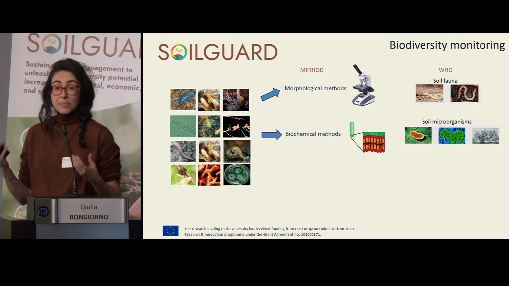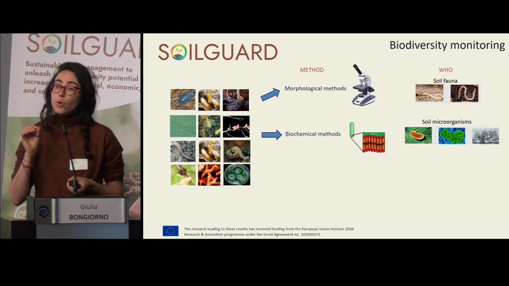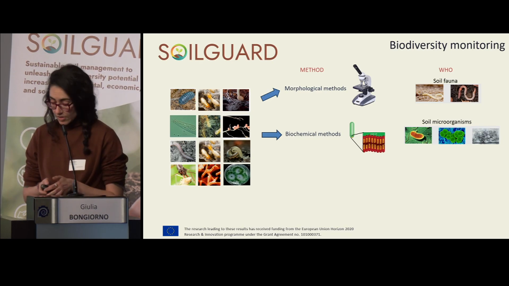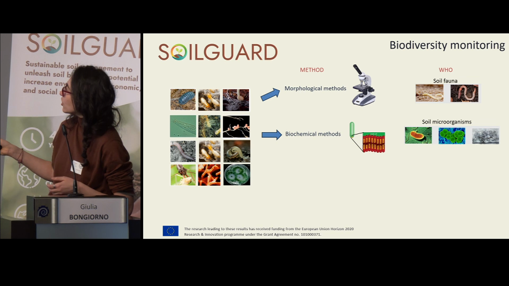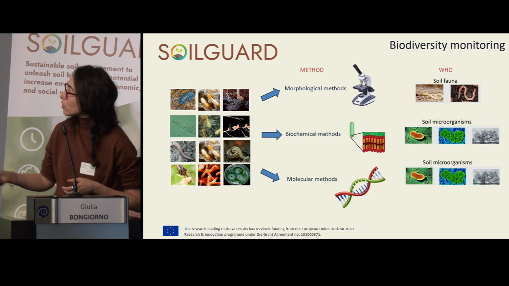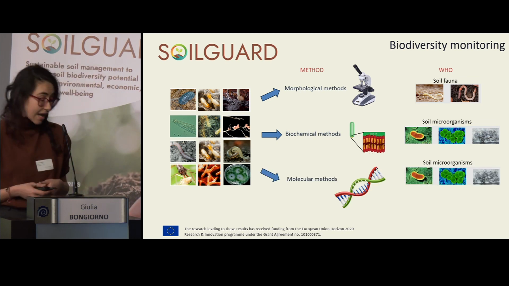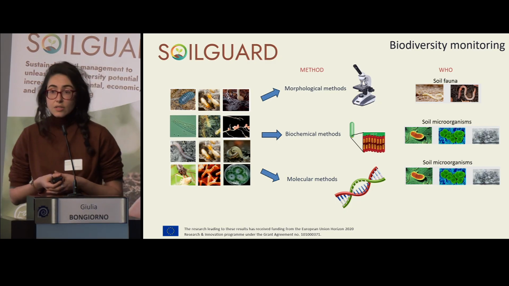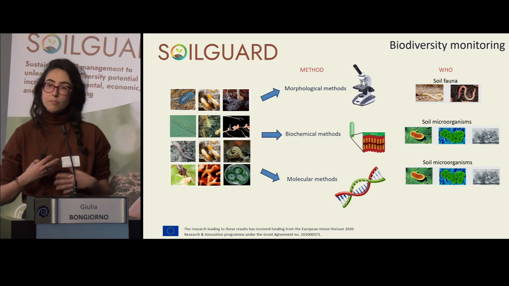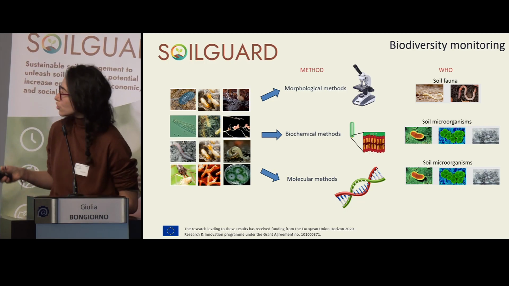For example, PLFA really targets components of the membranes of these organisms that we can see here in this depiction, and this is usually used for soil microorganisms. But we also have another method that in recent years has been used a lot, usually for soil microorganisms because it really targets also the part of microorganisms that we cannot culture, which is quite a lot.